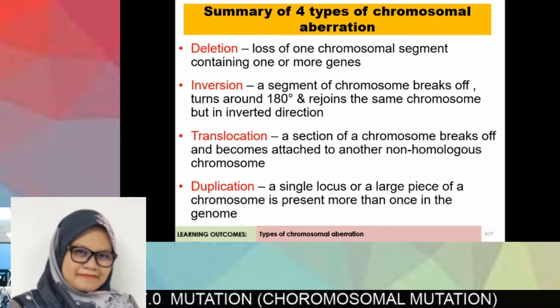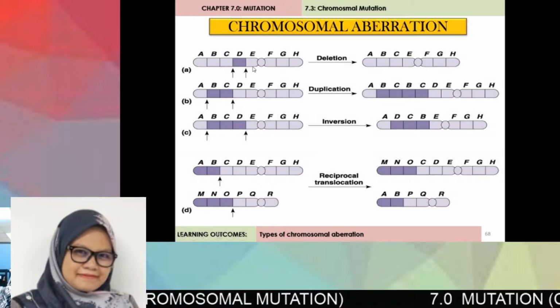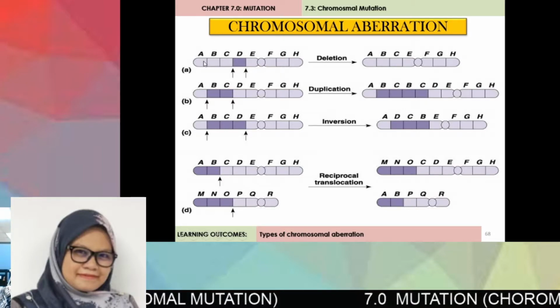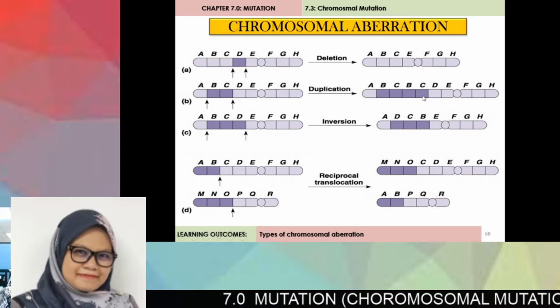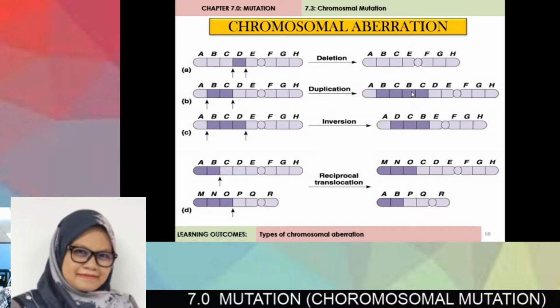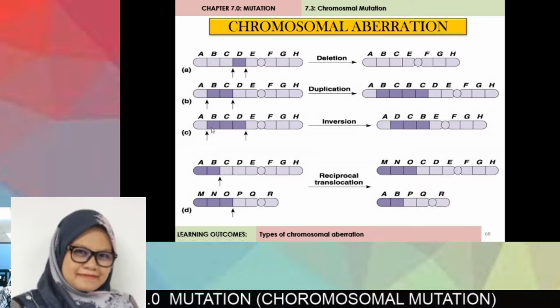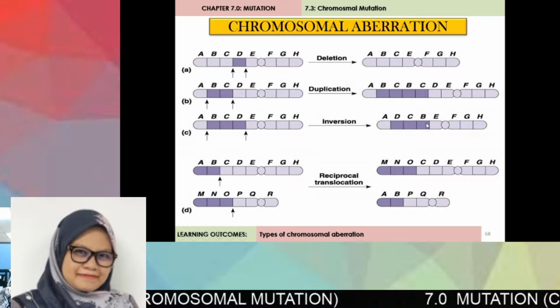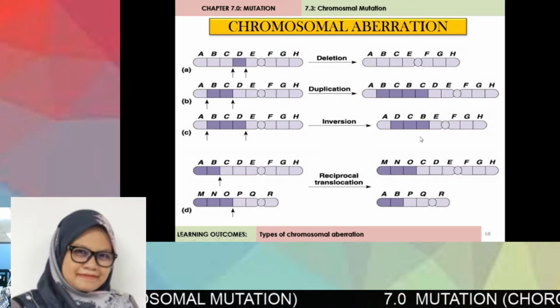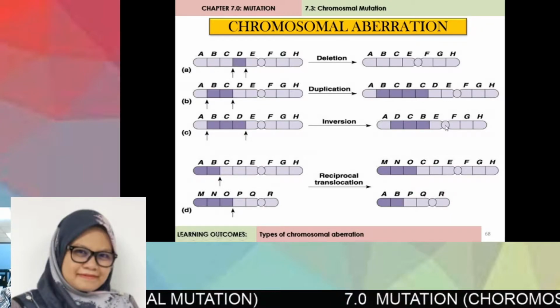Okay. So classify or identify the types. A, B, C, D, and then here there is no D, so this is gene deletion. A, B, C, then B, C is doubled here, so this is gene duplication. A, B, C, D, and then it becomes A, D, C, B, so this shows inversion, and the type is paracentric because it does not involve the centromere.